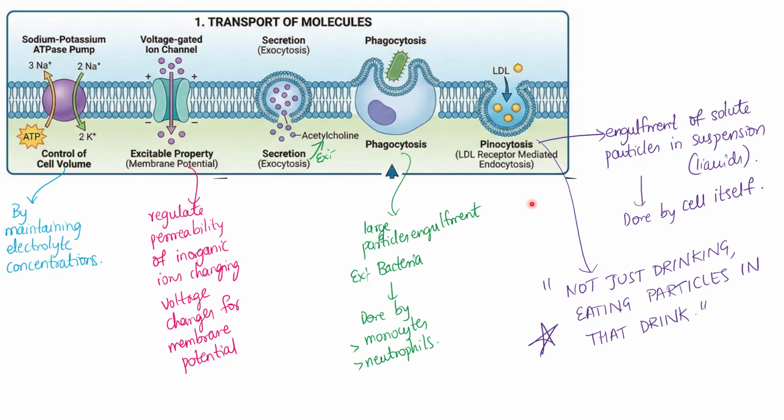But along with that water, whatever solute particles are present, intake of those also happens in pinocytosis. You have to remember not just the liquid, but also the solutes present in the liquid are taken into the cell via pinocytosis. So via transport of molecules, secretion or taking in, or allowing just transport in and out.